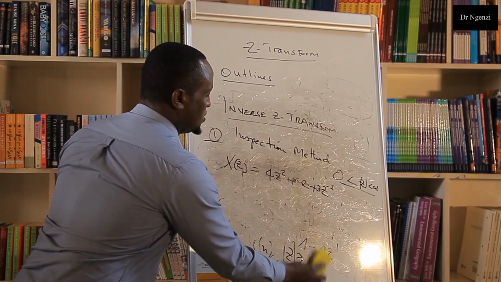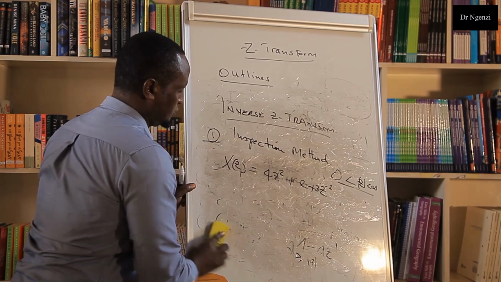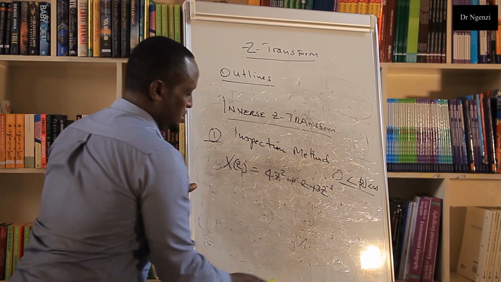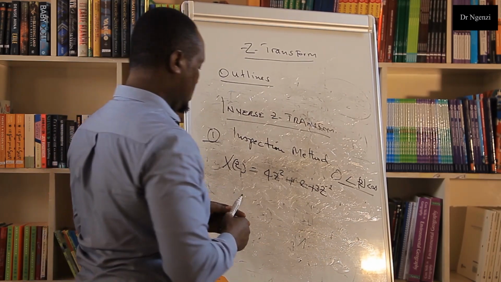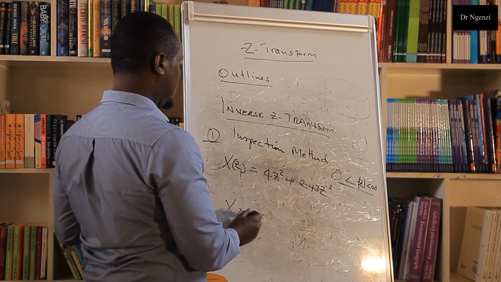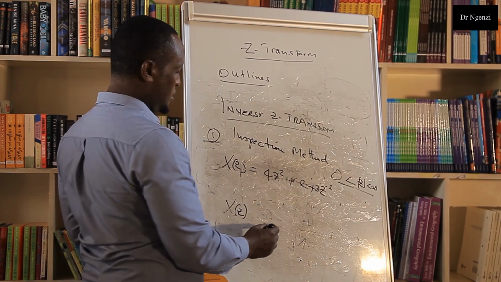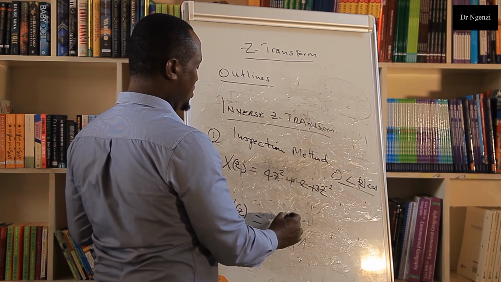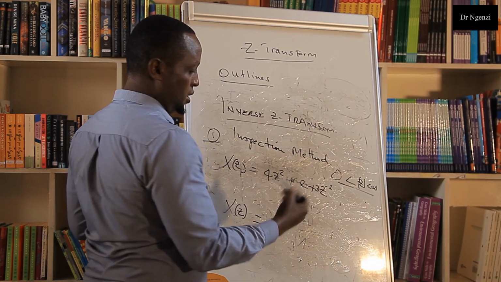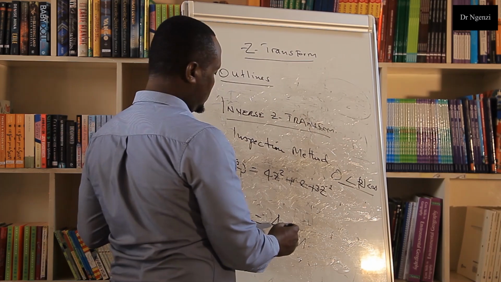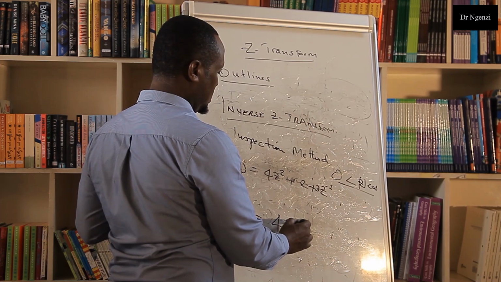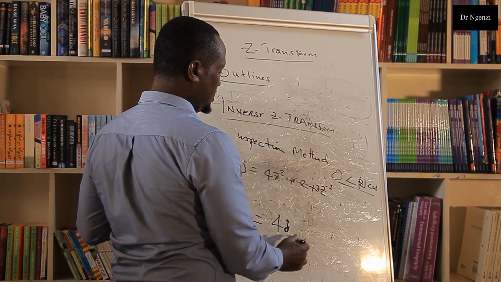Its inverse is going to be, for example, you pull out 4, then you use the shifting theorem.